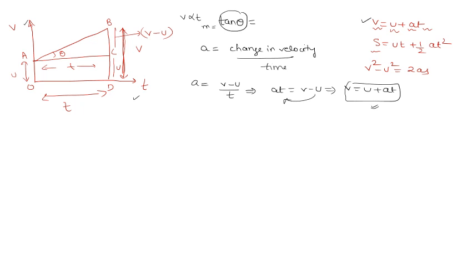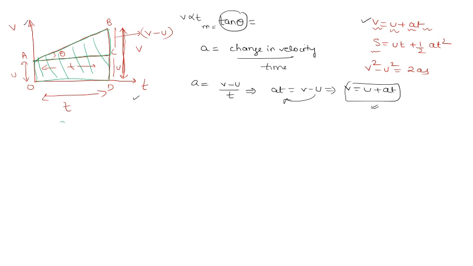Now if we talk about the second equation, for that you need to understand this concept. Let's say the object moves from A to B. So what will be the displacement? If you are explaining graphically, you can say it is the area under AB. So you can say this triangle plus this rectangle.